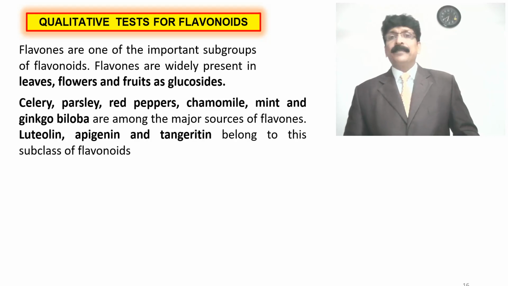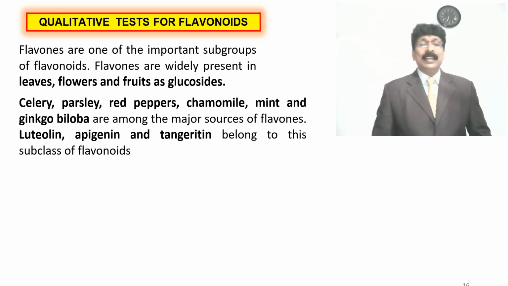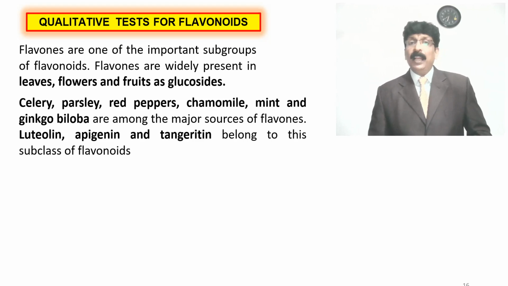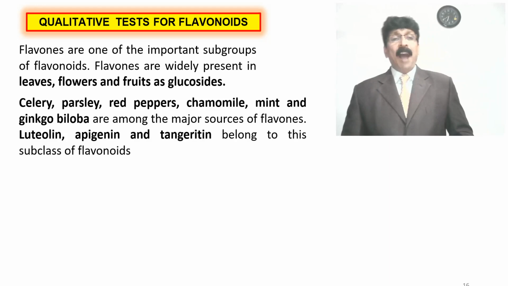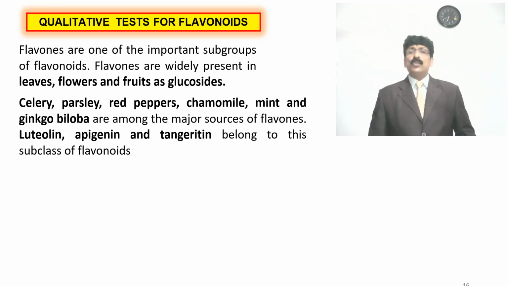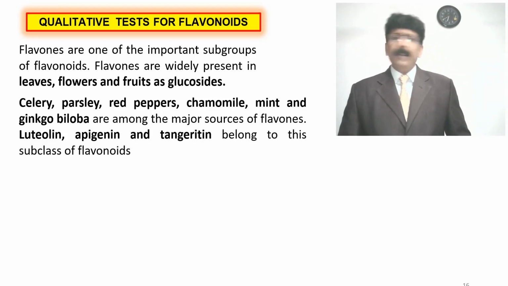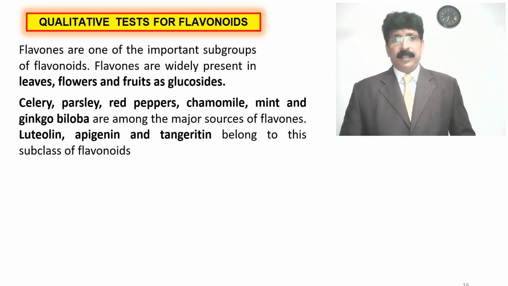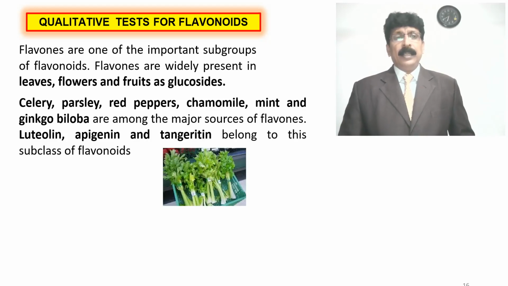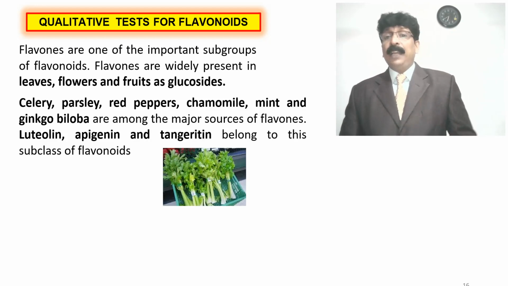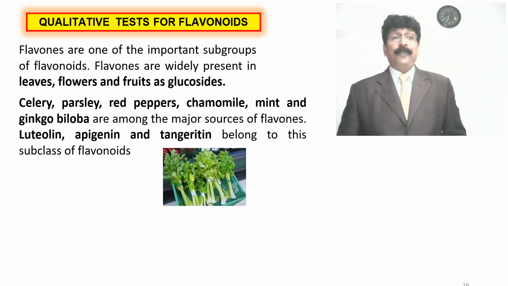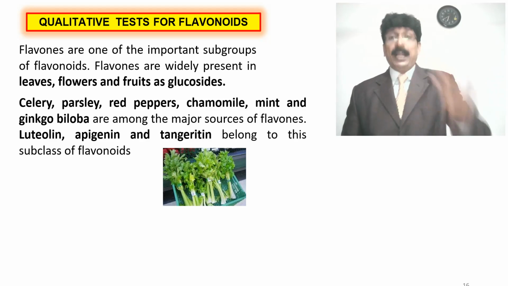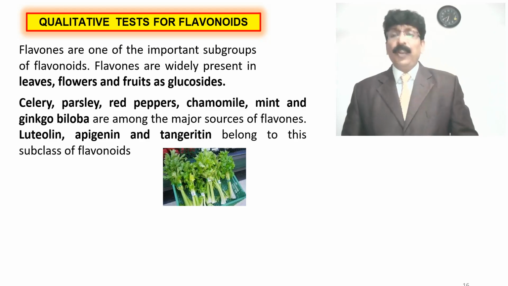Celery, parsley, red pepper, chamomile, mint, and ginkgo biloba are among the major sources of flavones, having more therapeutic activities. Celery is a leaf used as a salad decoration, like parsley, which is obtained from the coriander leaf. Other things we know very well. These all have more flavonoids.